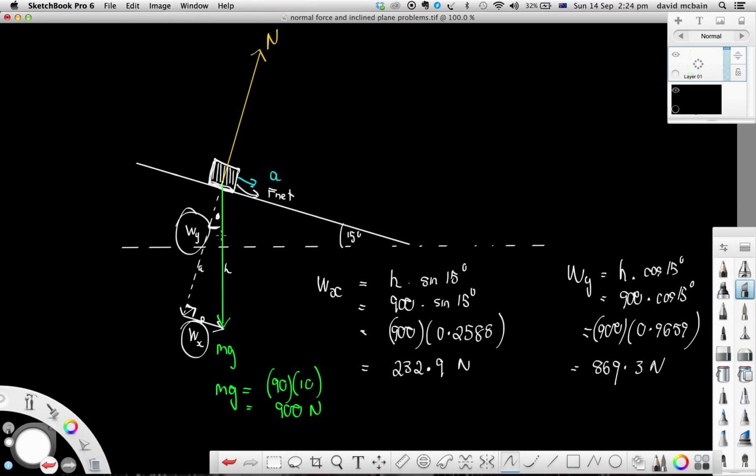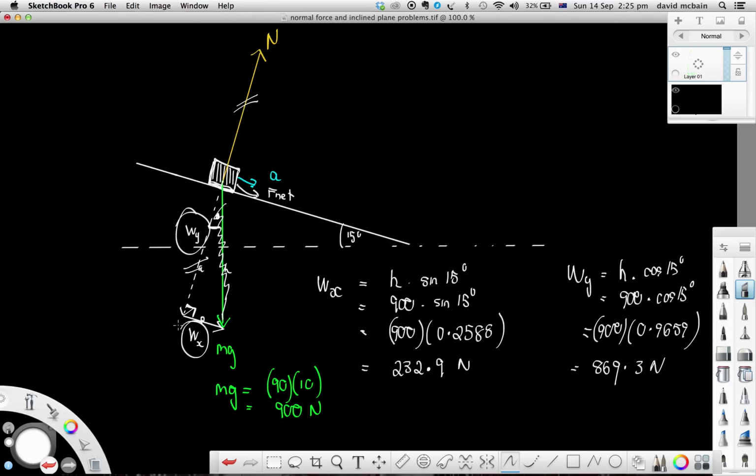So let's have a look at what we've done. We've got our normal force here, and we took our weight force and we broke our weight force into this component and this component. So we can now basically forget about that weight force because we're replacing that with this force and this force. Now, this and this force must cancel, leaving behind this force.